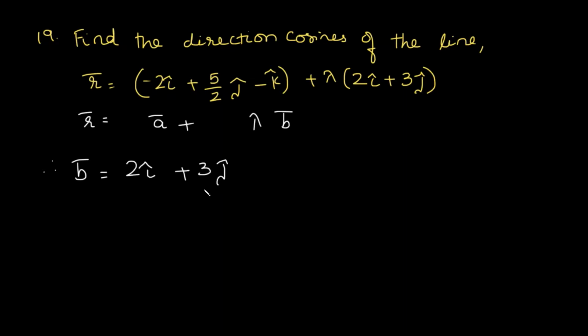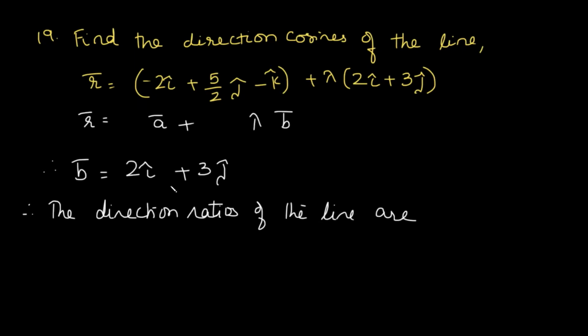Now from this we can find out the direction ratios of the given line. They are, from the coefficient of i, 2, that of j, 3, and k becomes 0. So these are the direction ratios of the line.